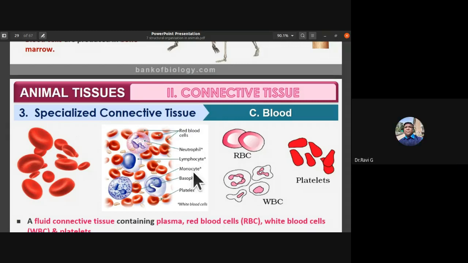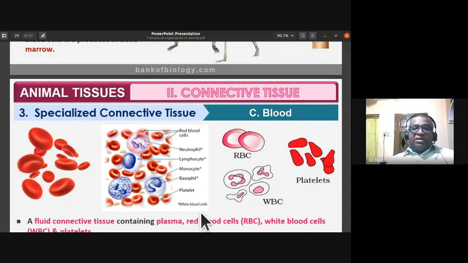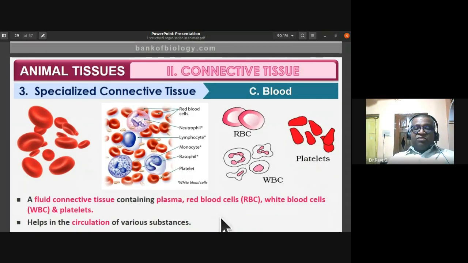Based on the staining ability, granulocytes are of three types: neutrophils, basophils, and eosinophils. They have not given you the details here, but you should know about it. I've given you a brief introduction.